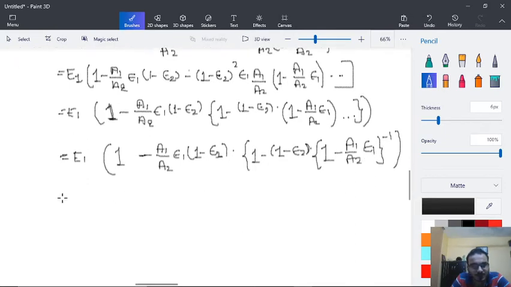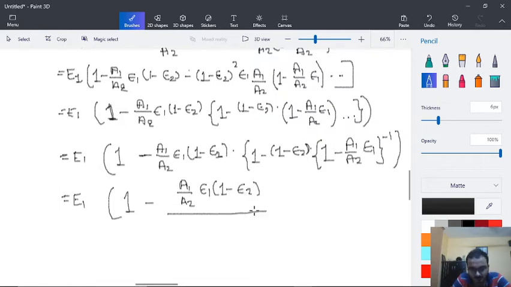Here is equal to E1 into 1 minus A1 by A2 epsilon 1 into 1 minus epsilon 2 divided by 1 minus epsilon 2 into 1 minus A1 by A2 epsilon 1.